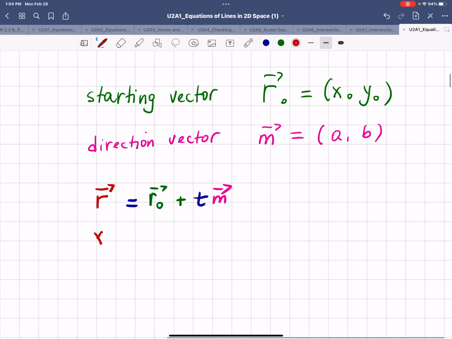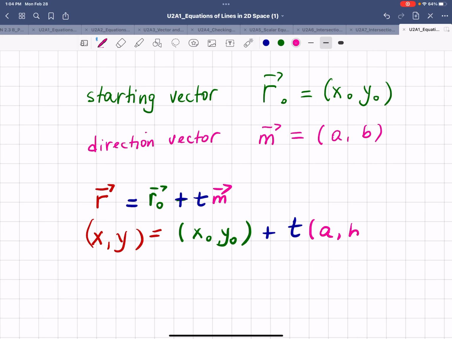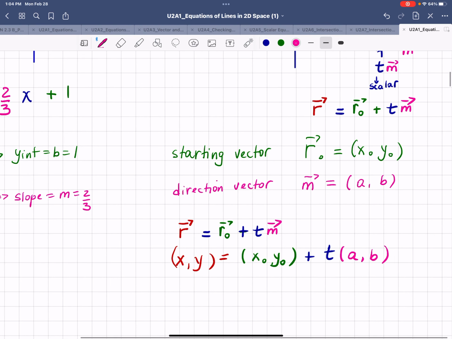So we're going to say that (x, y) equals R0, which we said is (x0, y0), plus t, which is just a scalar, multiplied by vector m, which is the direction vector. And the direction vector has the coordinates a and b. So what we see right here is the vector equation of a line.